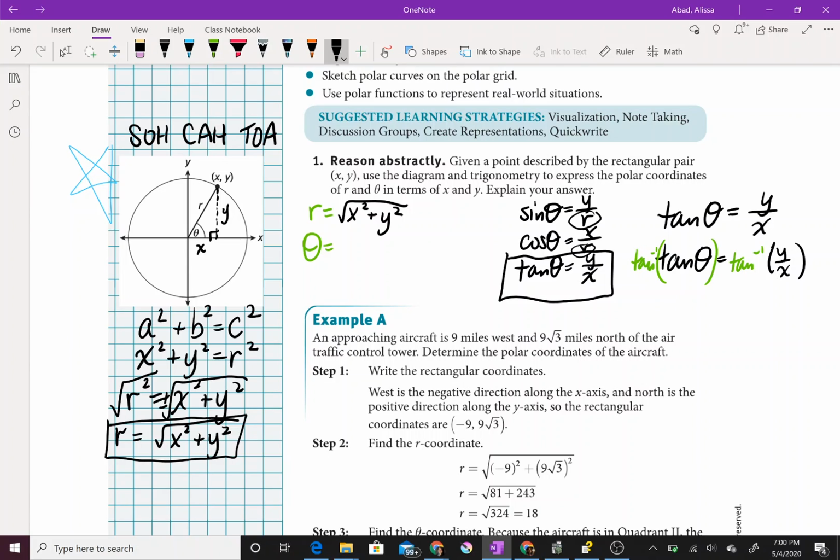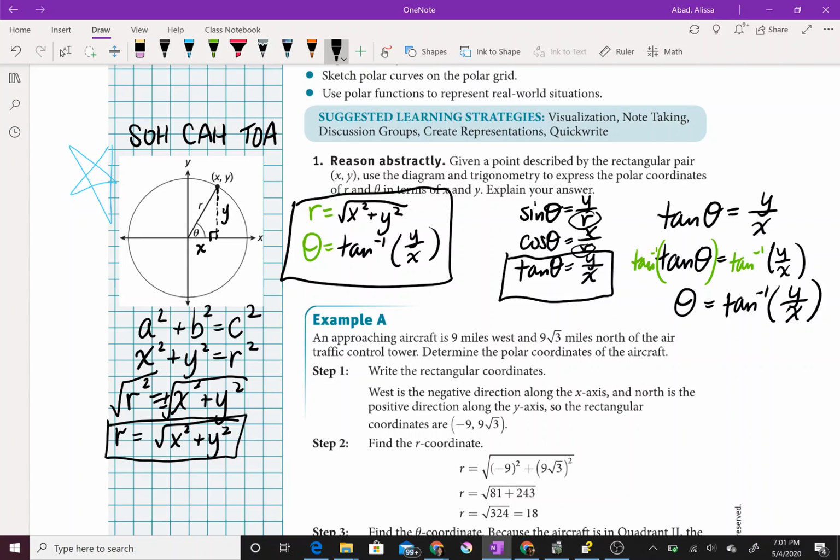So that undoes tangent, and all I'm left with on the left side is theta. So I have theta is equal to arctangent of y over x. So that's going to be my formulas for converting from rectangular coordinates to polar coordinates.